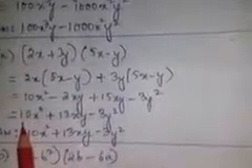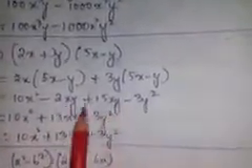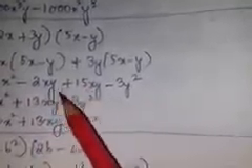So finally we are getting 10x square, and we can see two like terms present over here, 2xy and 15xy, minus 2xy and plus 15xy. So 15 minus 2 is 13 we know, so 15xy minus 2xy means 13xy.